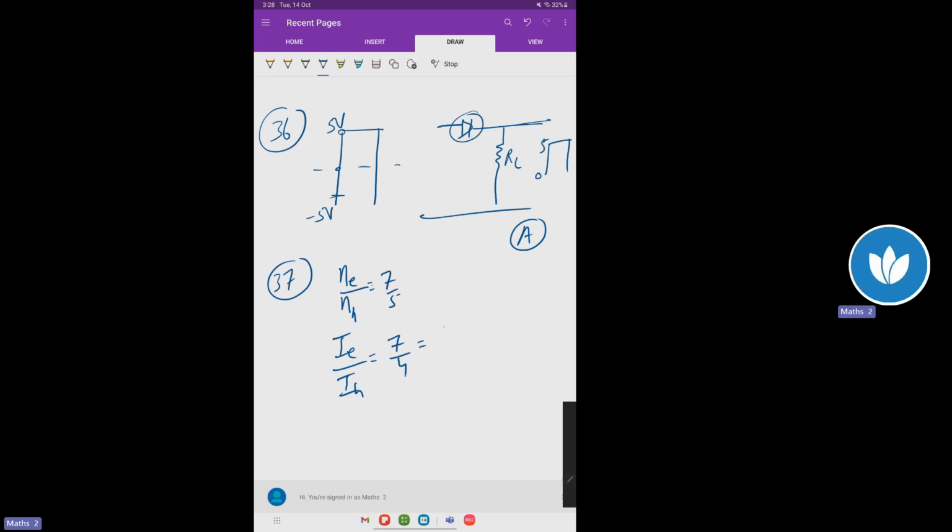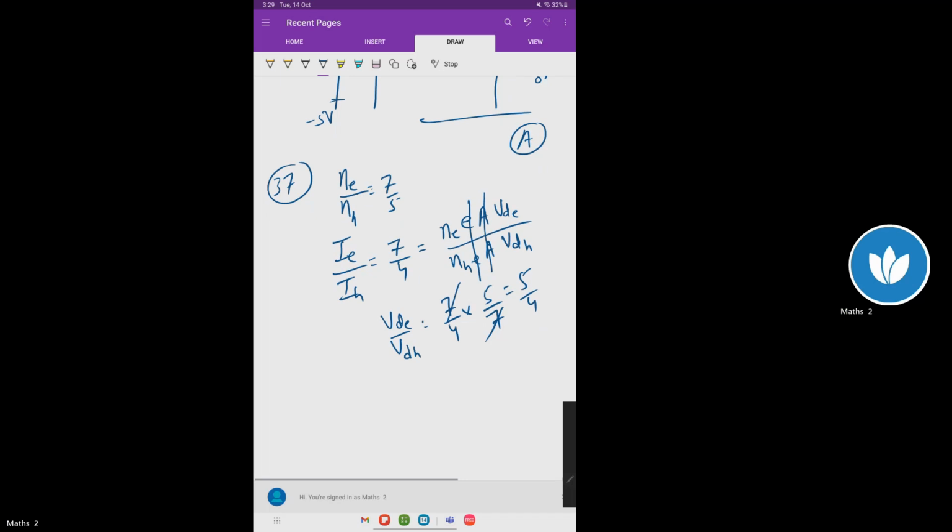So I is equal to N e Vd. So Vd electron by Vd hole is 7 by 4 into Nh by Ne, which is 5 by 7, giving 5 by 4. Option D.